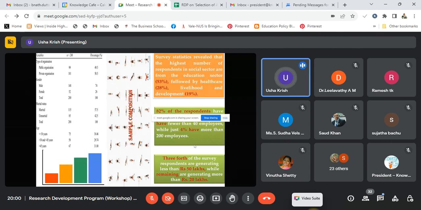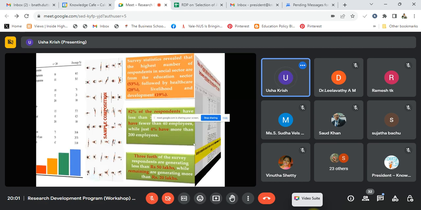The details can be shown either in the form of graph or table or text, but a combination of all three is not required. Any one format you can select to present your sample composition details.